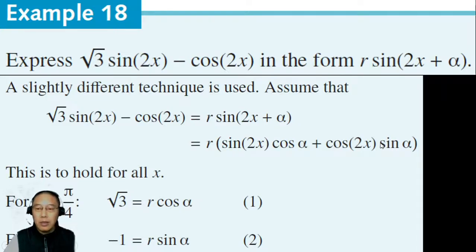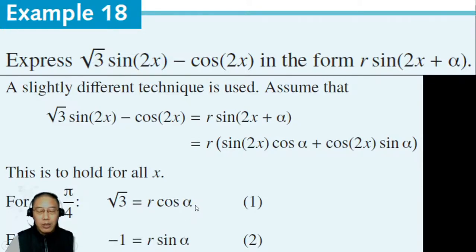Because it's going to work for any values of x, we choose two values that are distinctive to cancel out either the sine or the cos on the left-hand side, and the right-hand side will simplify to those ones as well.